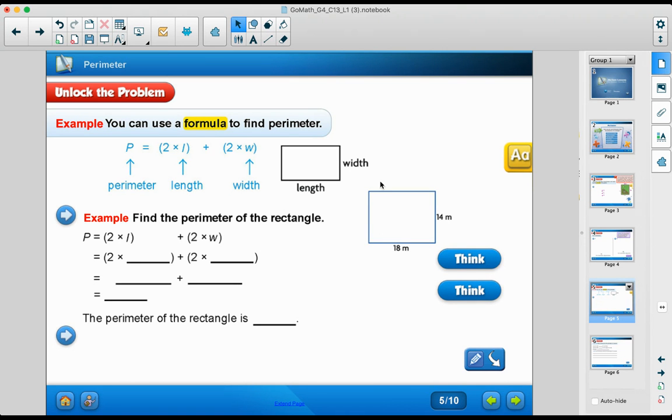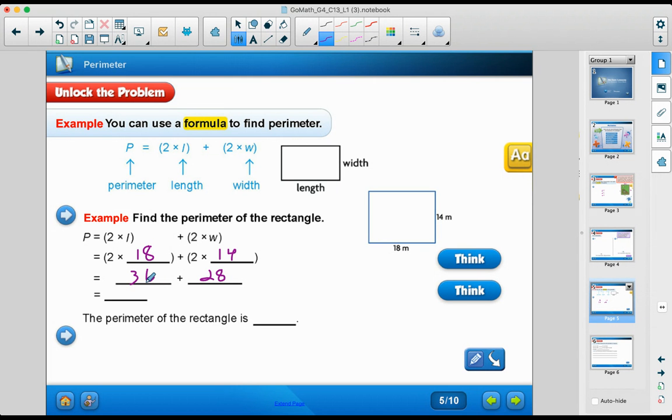Let's find the perimeter of this rectangle. Perimeter equals 2 times the length. The length is 18. 2 times 18 plus 2 times the width. The width is 14. So 2 times 18 equals 36. 2 times 14 is 28.